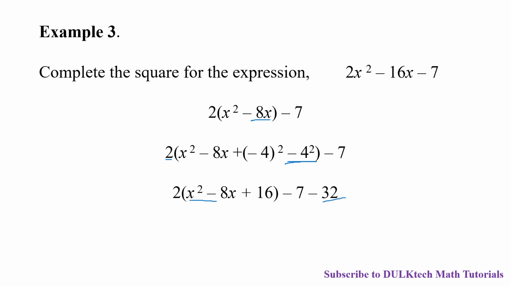This one is now a perfect square. So we can now factorize this perfect square. This quadratic expression in these brackets is now a perfect square. So let's factorize it, at the same time simplifying minus 7 minus 32, right? If you look at this again, this x is this x squared.